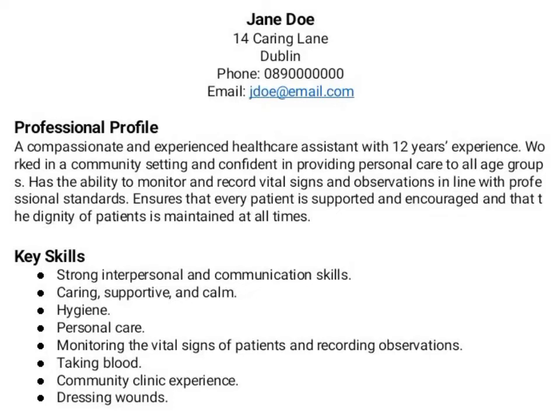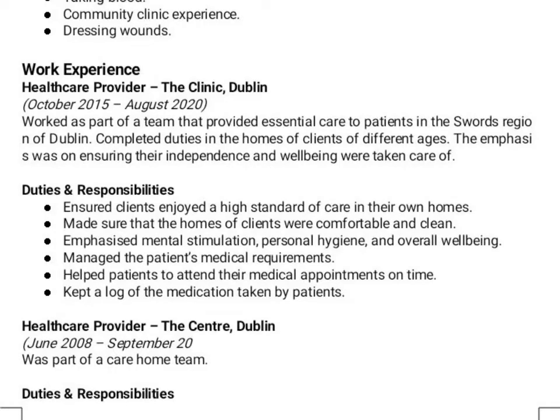Then after that, she went down to list her key skills which are related to the job roles she's applying for. She went over to describe her work experiences. She stated the place she worked and the duration, and she also listed her duties and responsibilities, all this in reverse chronological order. So the most recent experience comes first.